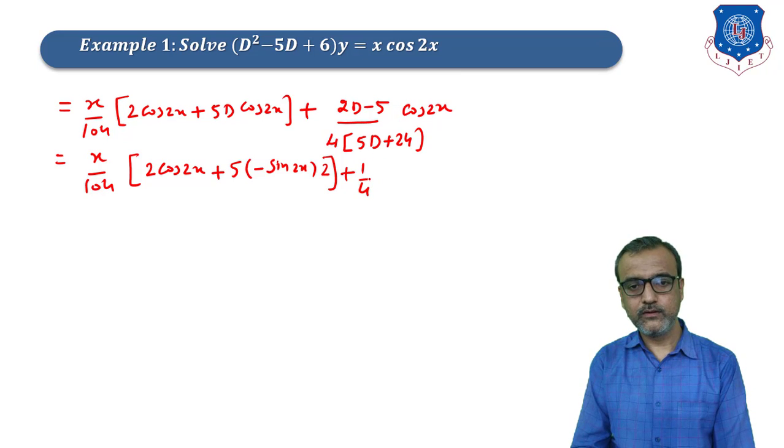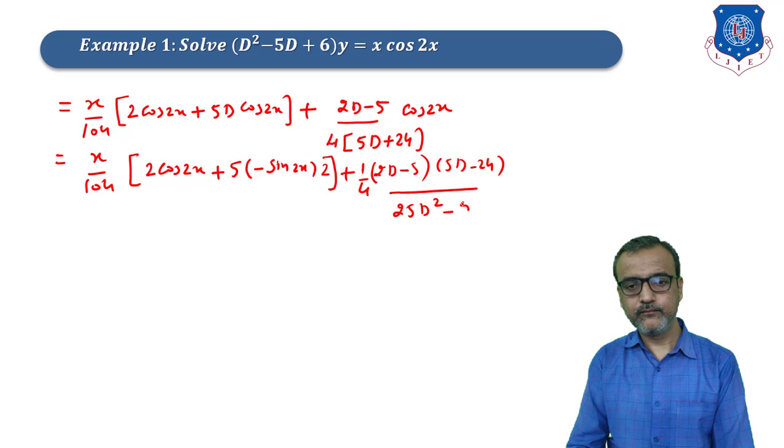So we have 2d minus 5 over 5d plus 24 and 5d minus 24, it will become 25d square minus 24 square, that is 576, and we will keep cos 2x as it is.